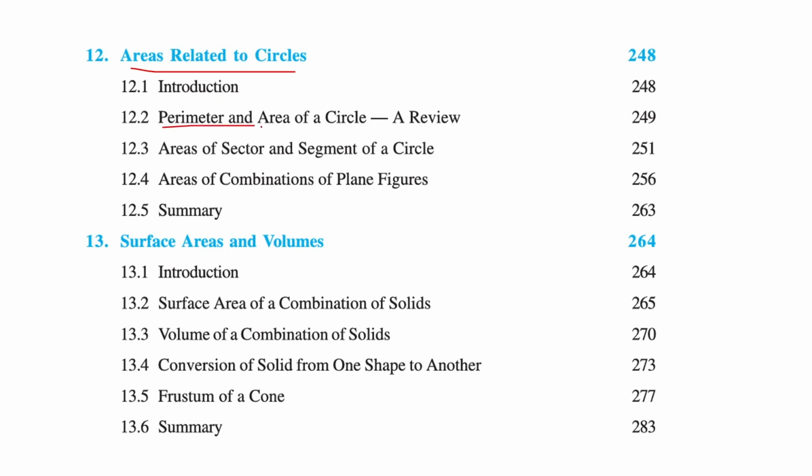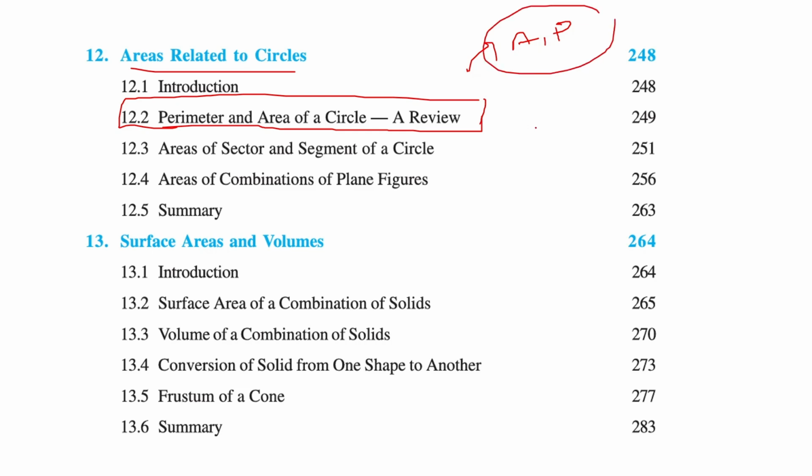Areas related to circles, perimeter and area of a circle. Area means the covered area, and the perimeter means the distance travelled around it.